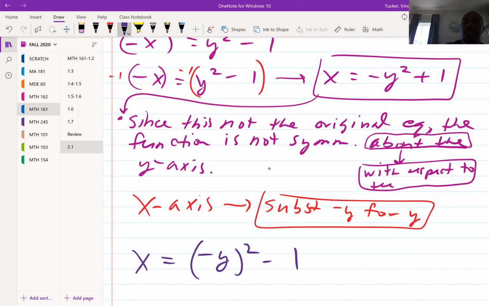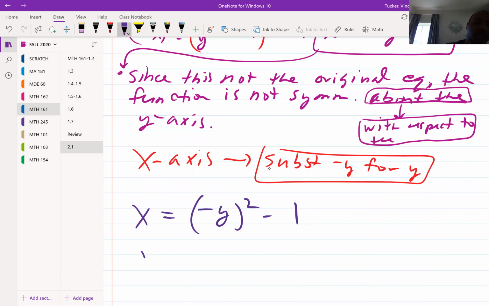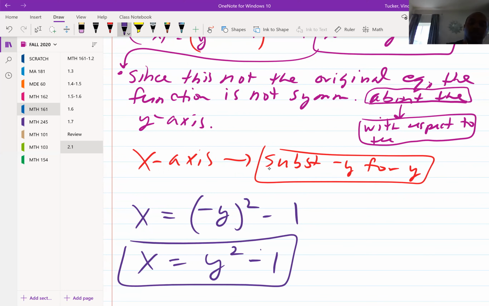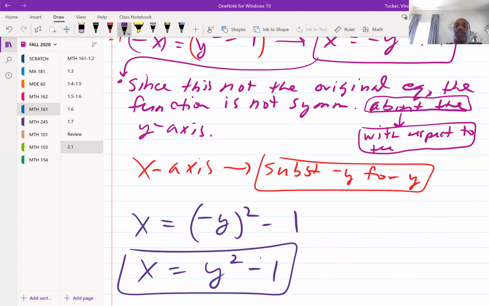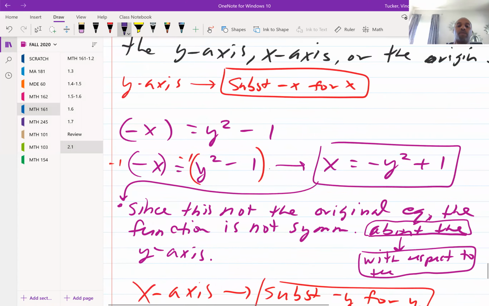Squaring negative y is the same thing as, well, negative times negative is positive. So this is what we have. Compare that to your original equation. That is exactly what we had.